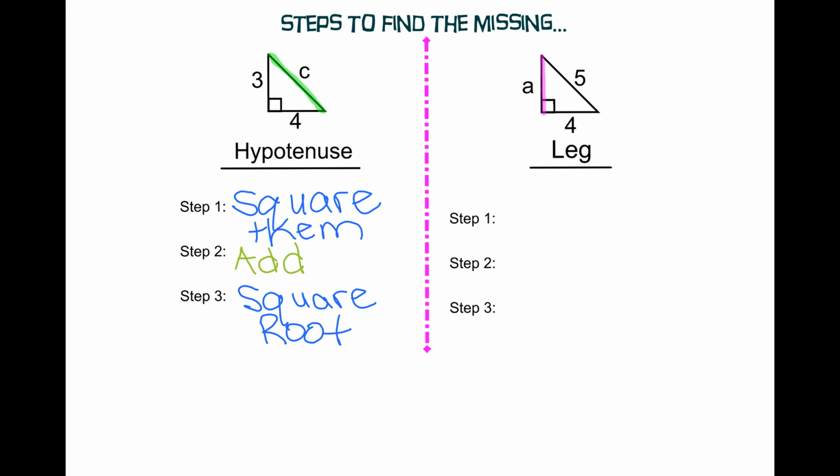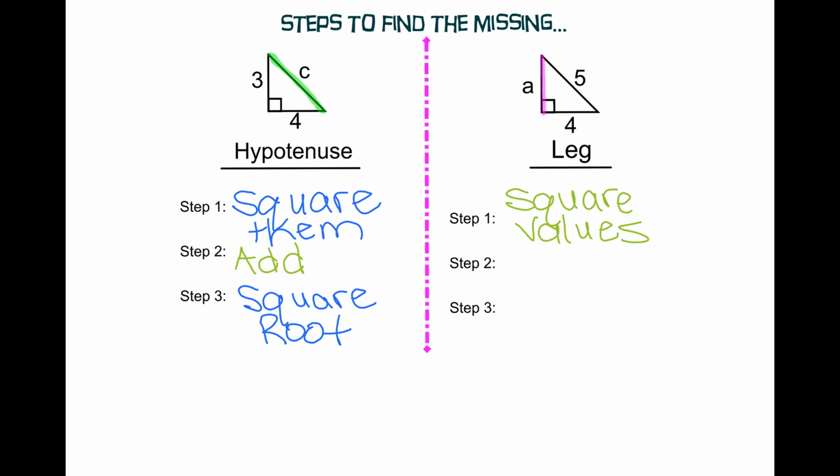The next example, if you are trying to find the missing leg, that is what this video has been about. You really start with doing the same thing. You start with squaring the values. You put them into the Pythagorean theorem, and you end up squaring the values that you are given.